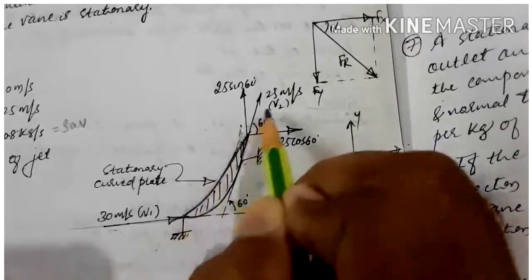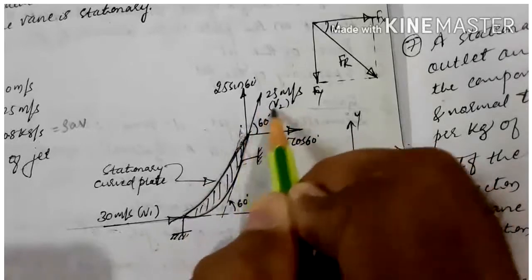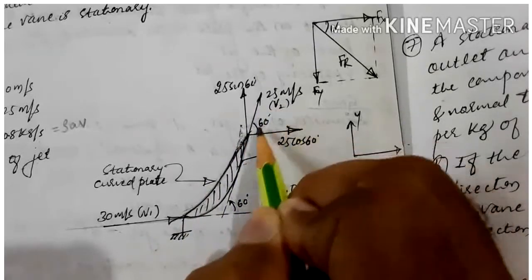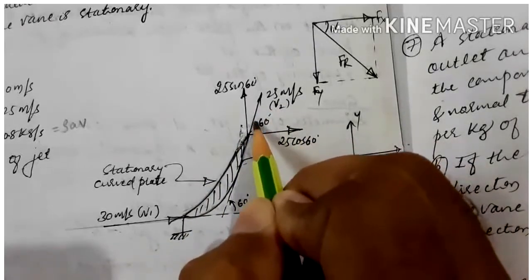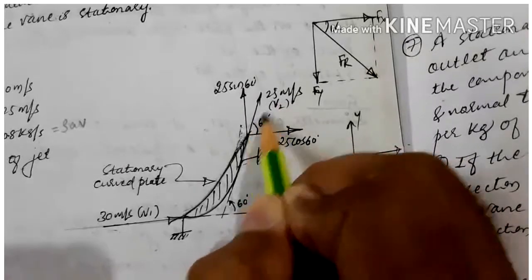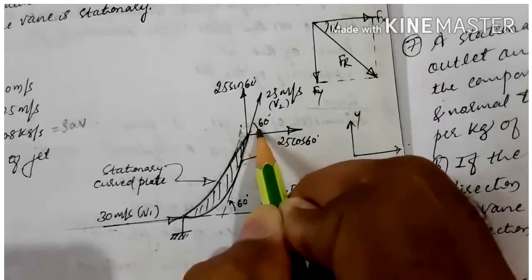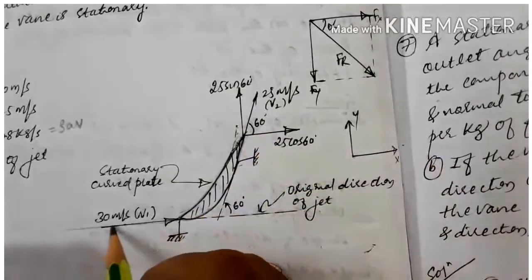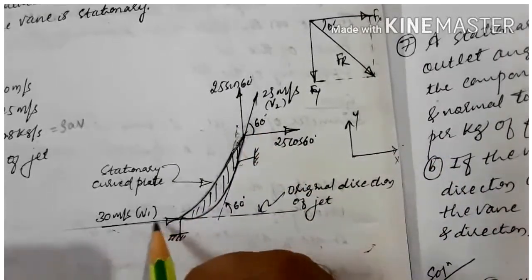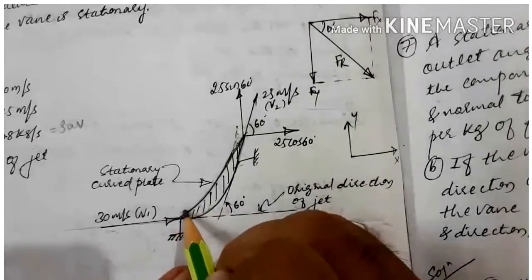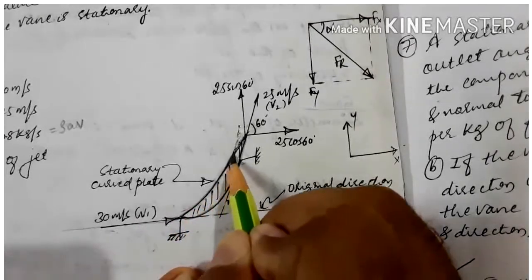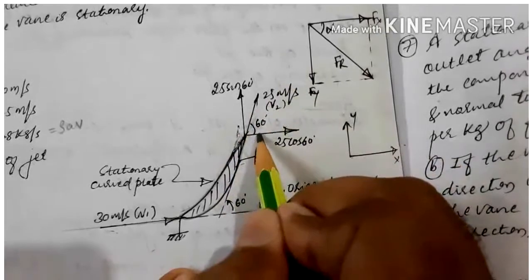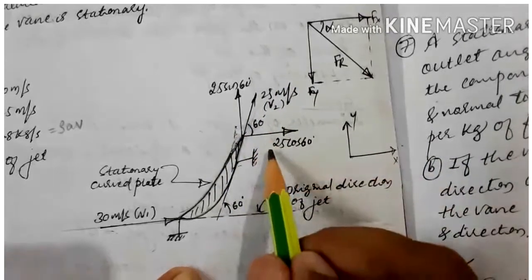Because of those losses, the outlet velocity we get is 25 meter per second, and it exits making an angle of 60 degrees, because this is the deflection angle given.